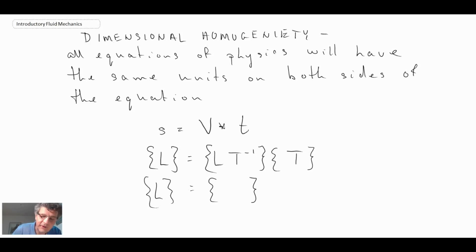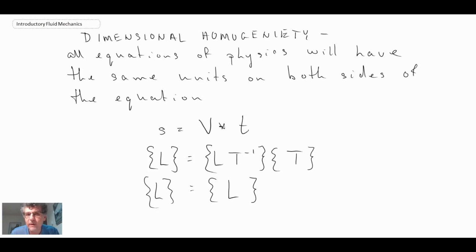Length is equal to length, and that's a very simple one. But it provides a mechanism by which we can check things. And so when we go into dimensional analysis, we're going to be coming up with non-dimensional numbers. The way that we're going to get these non-dimensional numbers is through dimensional homogeneity. And the non-dimensional numbers are very important for the experiments that we're looking at.